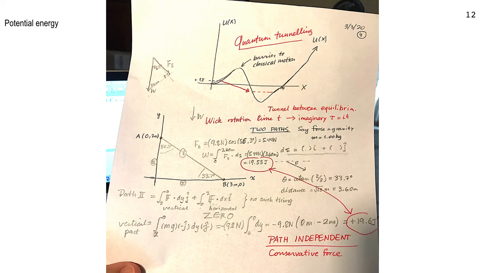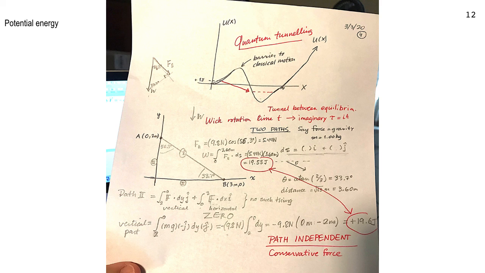So this is equal to 5.44 newtons times 3.60 meters, which is 19.584. So let's call this 19.58 joules. Okay, so that's the amount of work calculated on this. So this is path, this is Roman numeral 1.